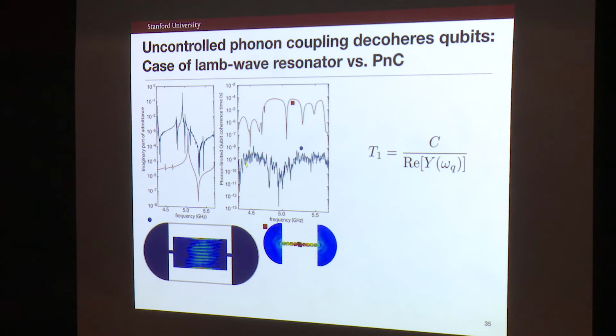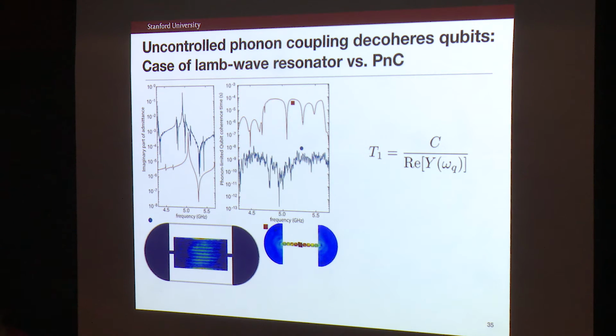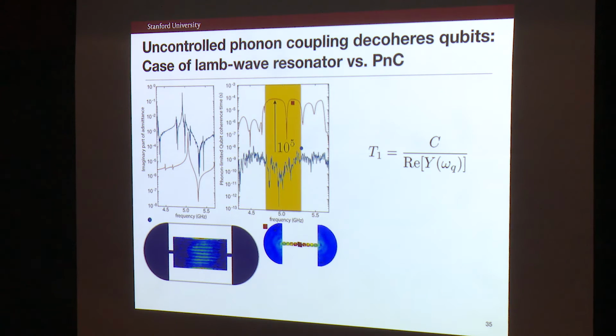If you couple a qubit to this capacitor and you look at the T1 of the qubit, it will be terrible. It'll be something like 10 to the minus 9, and that's because there's a lot of modes within this device that you're coupling to that lead to essentially a resistive bath, an ohmic bath.